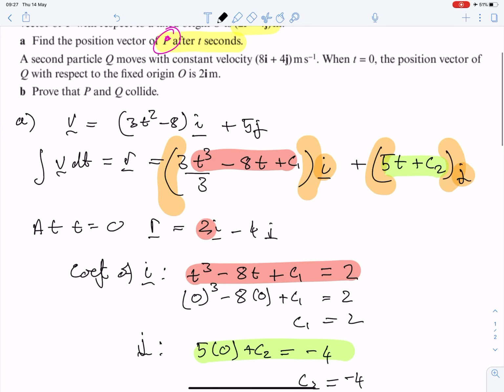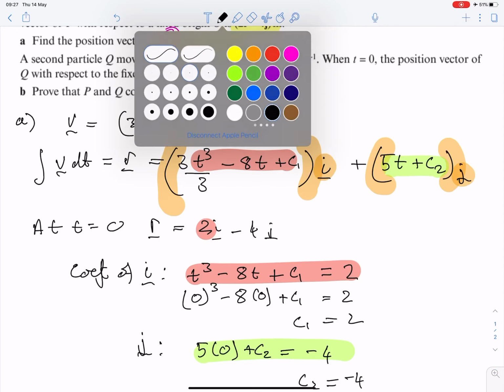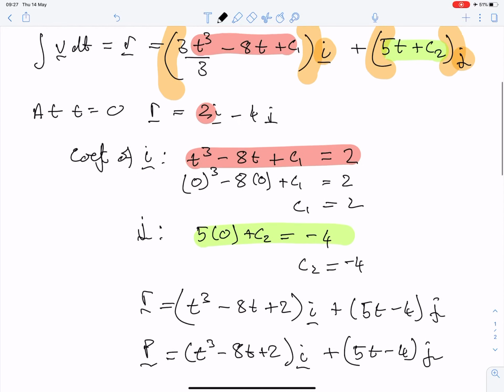Okay, part B. A second particle Q moves with constant velocity 8i plus 4j. When t equals 0, the position vector of Q with respect to an origin O is 2i. Prove that P and Q collide. Okay, so what we need to know is the position of Q at time t.